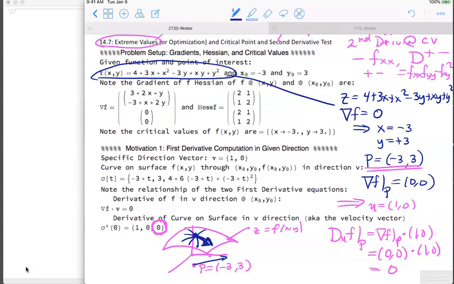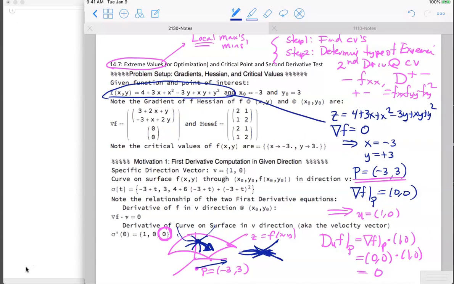What we don't know is whether the function is flat because it's curving downward, or because it's curving upward, or because you're at a convenient point where there is a saddle point, so it's flat just at that one point, flat this way and flat that way. This is why we need to finish the second derivative test. But step one is to find the critical values, which we have done. Let's move on to the next step now.